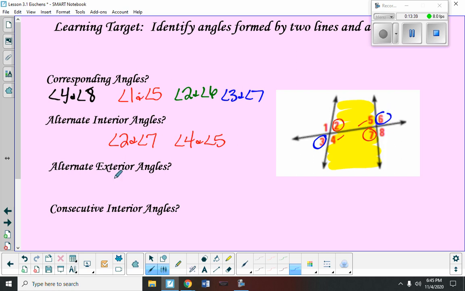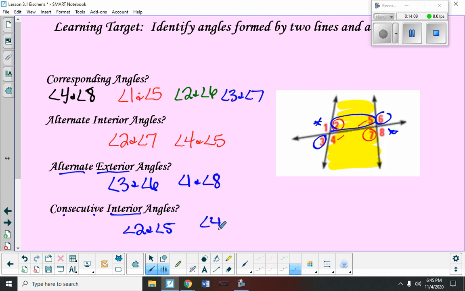Angle 3 and 6. And then angle 1 and angle 8. So let the words in the name help you. Alternates, they're alternate sides of the transversal on the exterior part. Lastly, consecutive interior, so they're on the interior. Consecutive means right in a row, so that would be angle 2 and angle 5. So 2 and 5, and angle 4 and angle 7.